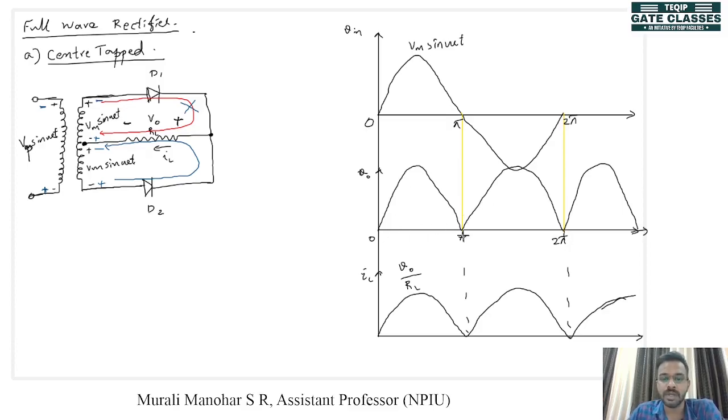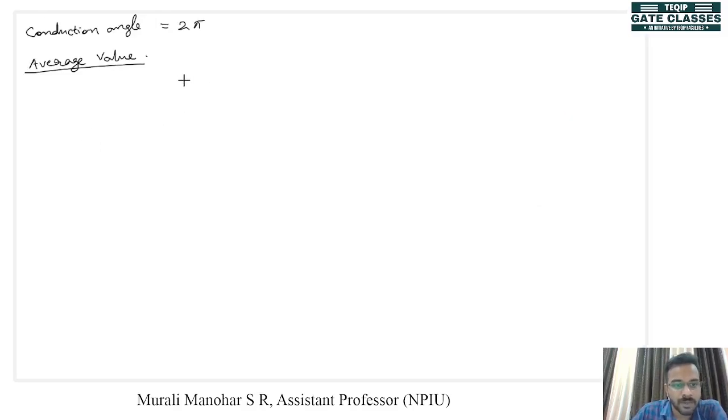The period of the output voltage is pi. It's not 2 pi, because this waveform is repeating every 180 degrees, right? So the period of output waveform is pi.